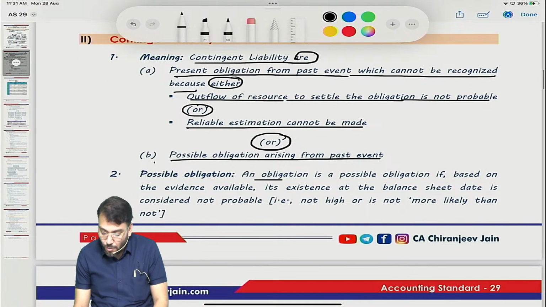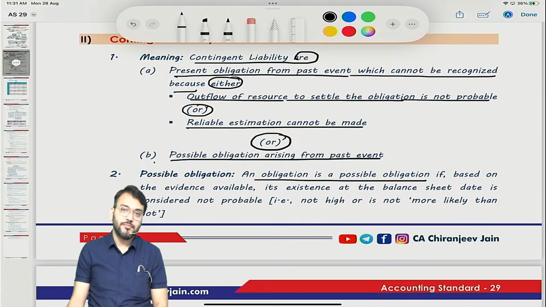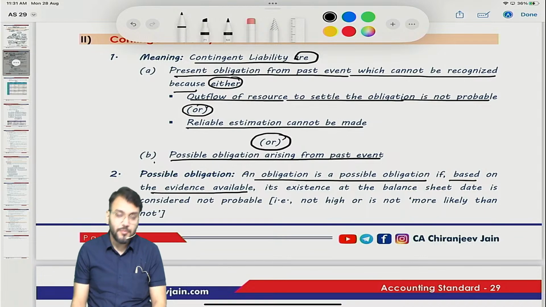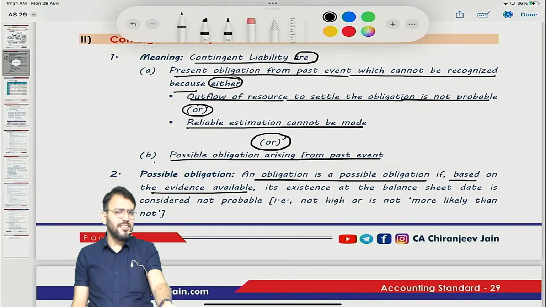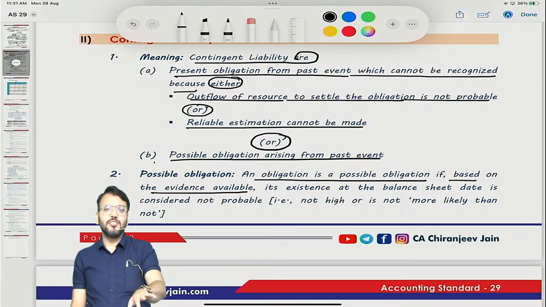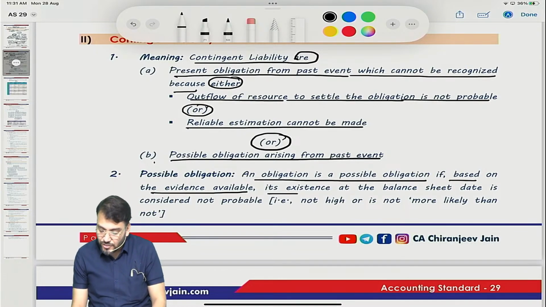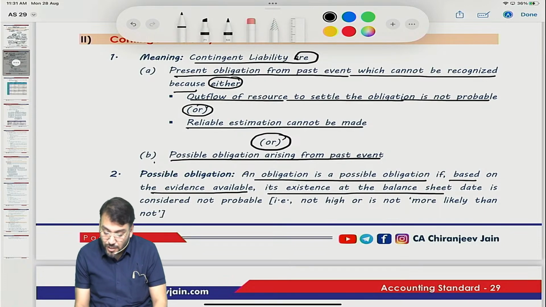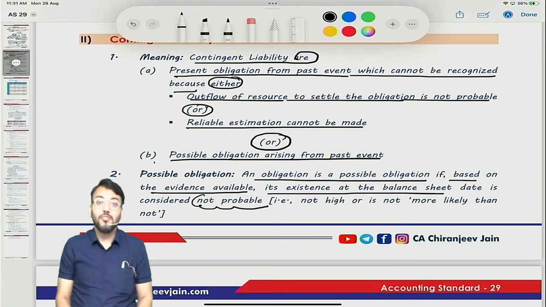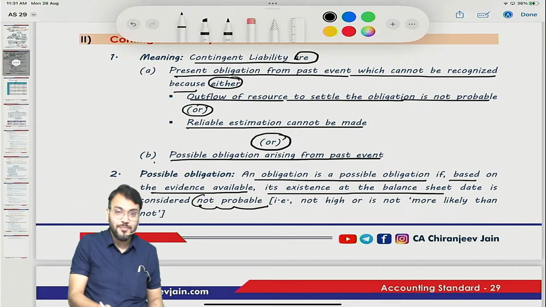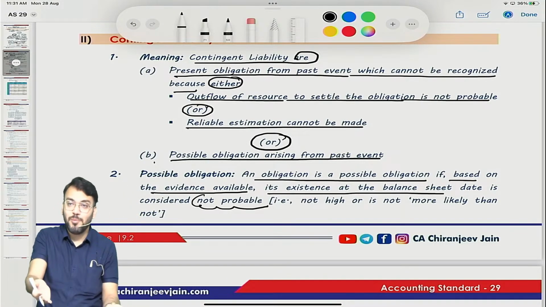Okay, an obligation is a possible obligation if, based on all the evidence available on the balance sheet date, its existence on the balance sheet date is considered not probable. Present was probable, possible becomes not probable.